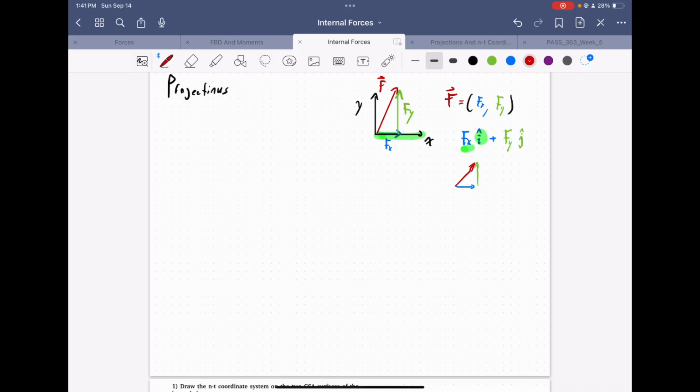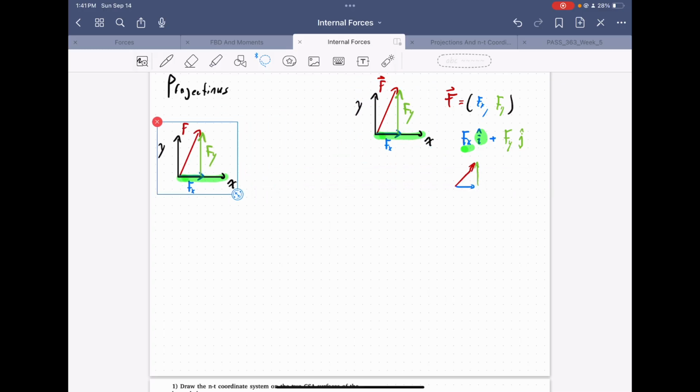So we know all this. We understand this, and we understand that in this case, we bring that over here to find Fy and Fx, right?